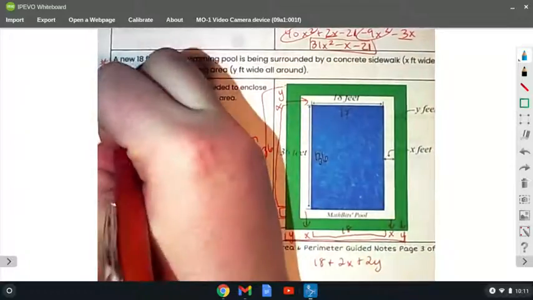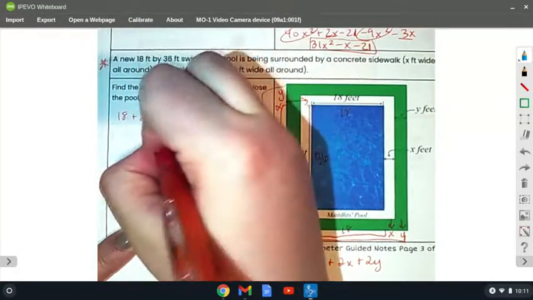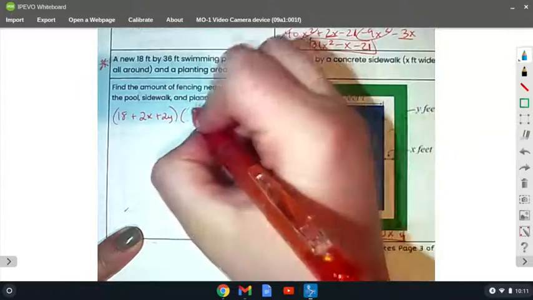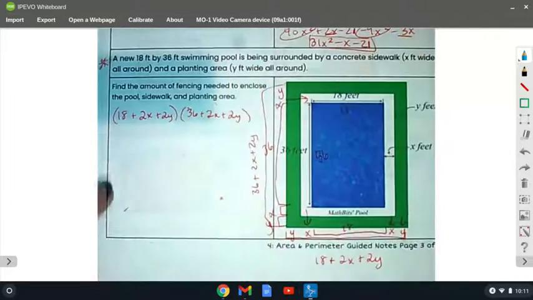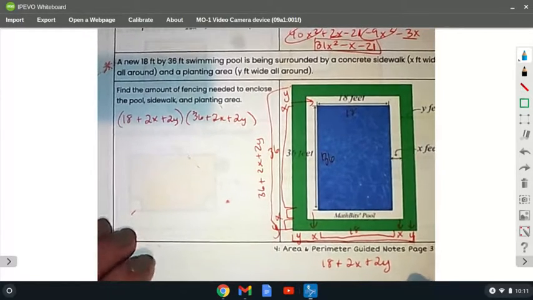So now to solve this, I would be doing 18 plus 2x plus 2y times this length, 36 plus 2x plus 2y. This is a doozy to distribute everything, and I kind of need a little more room.